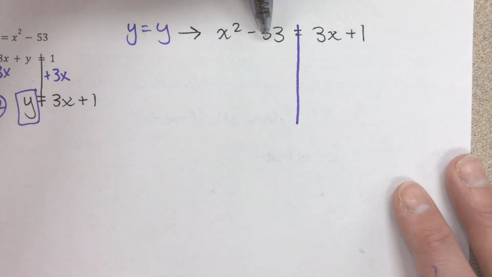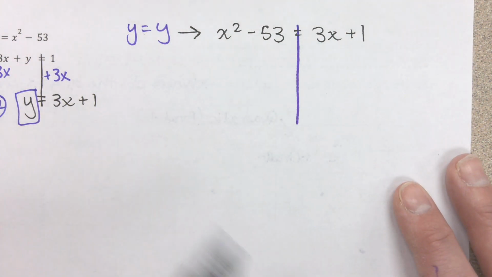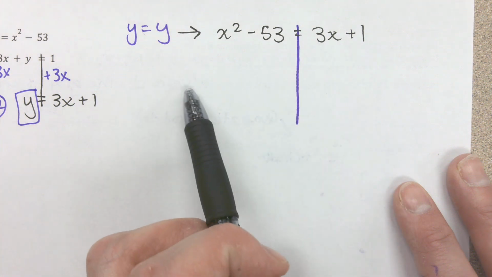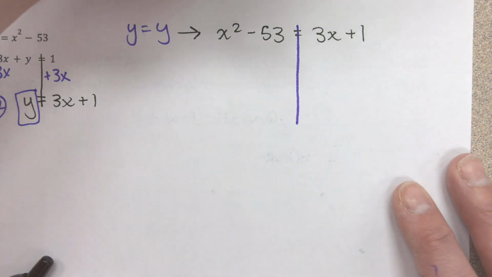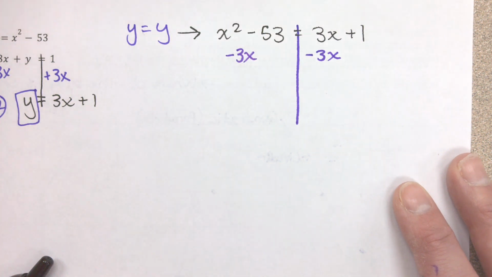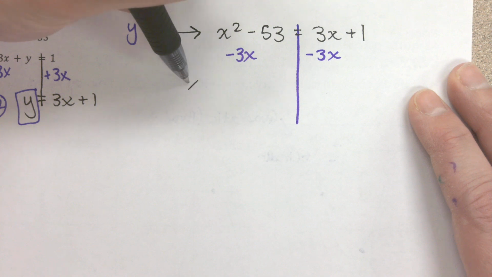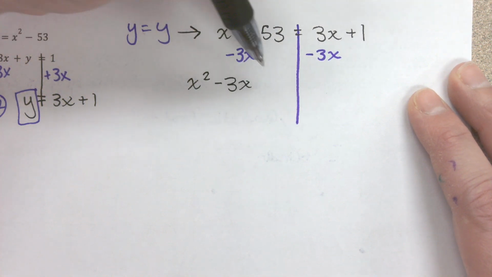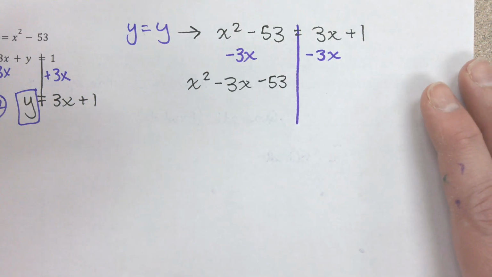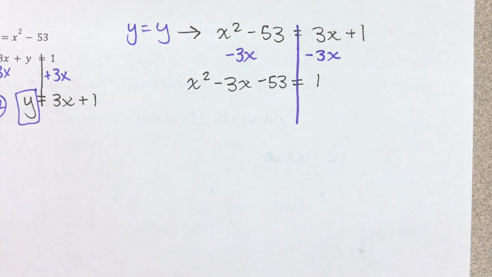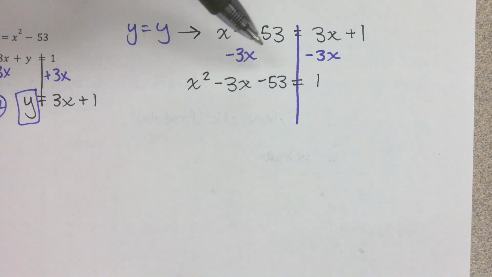All right, x squared minus 53 equals 3x plus 1. First thing we need to do is get everything onto the left side. So I'm going to move the 3x, minus 3x on both sides. X squared minus 3x minus 53 equals 1. 3x doesn't have any like terms over here, so we're not going to add or subtract anything.